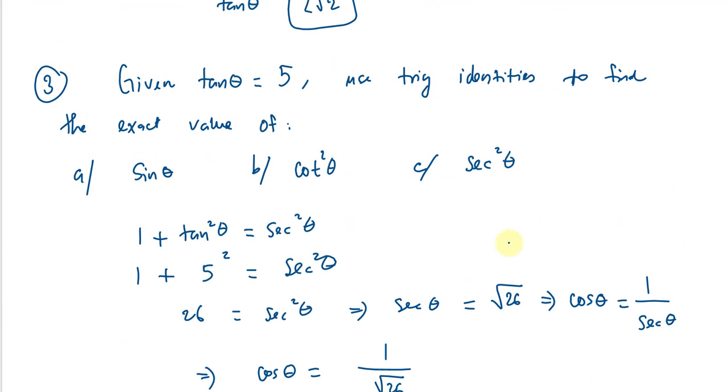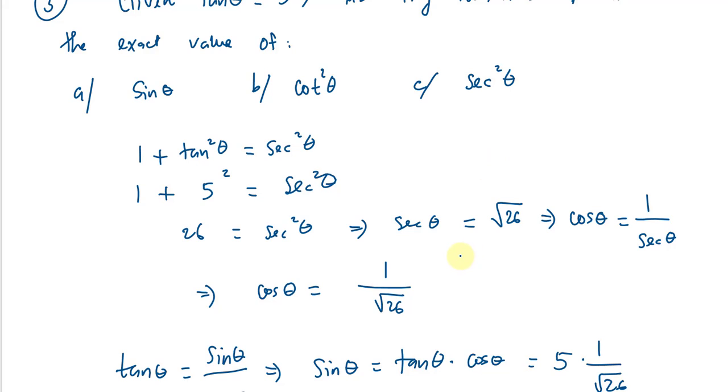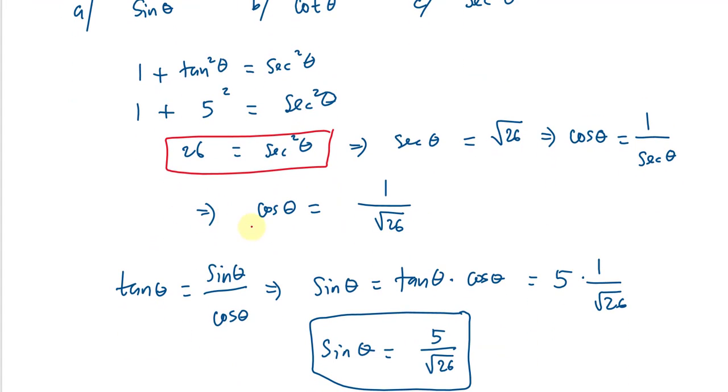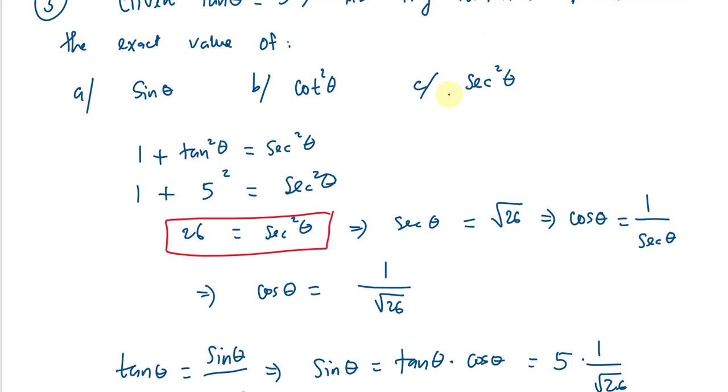So it's easy. Secant squared, well, we found secant squared before. It was 26. So on the way that we found sine psi, we already figured out secant squared. Okay, so that's the next problem.